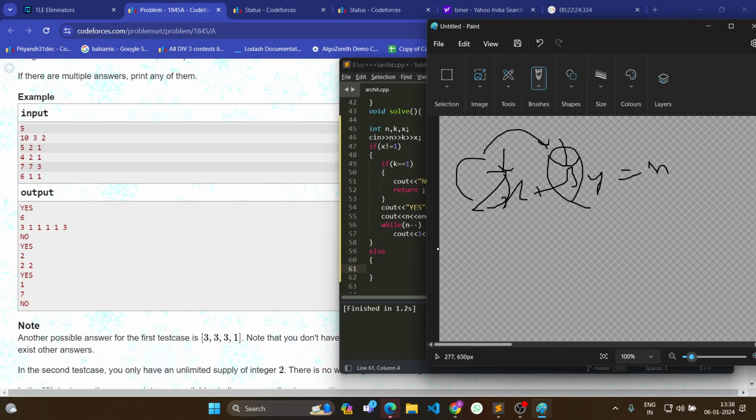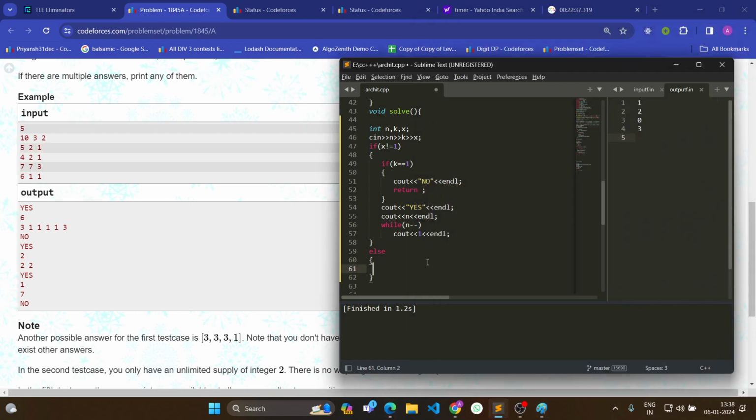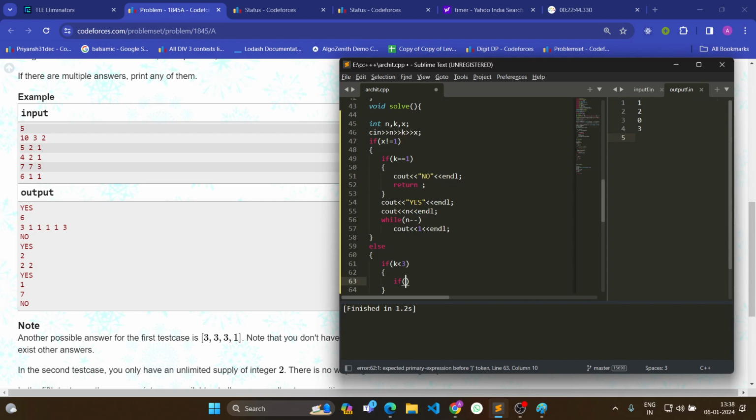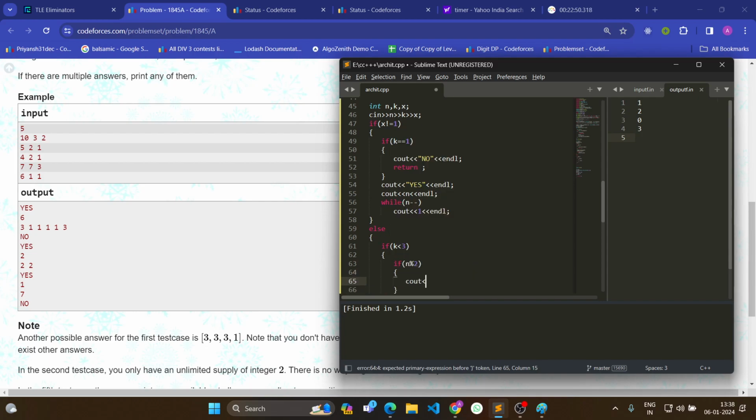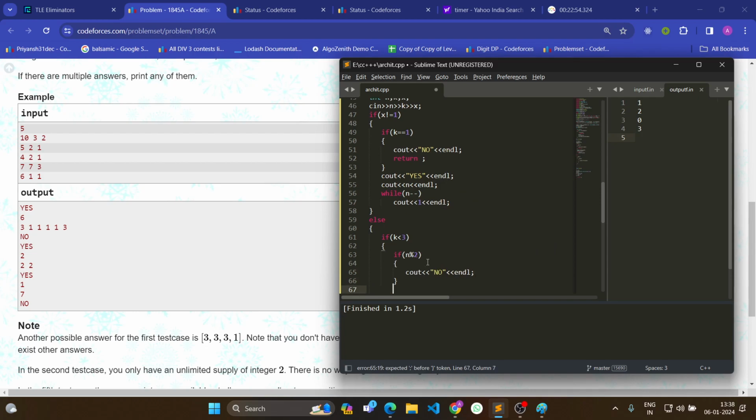There are twin primes. Okay, so we have 5, 2, and 1. Else, if k is less than 3 and if n mod 2 is nonzero, then the answer is no. I only have 2, I cannot make an odd element out of it.